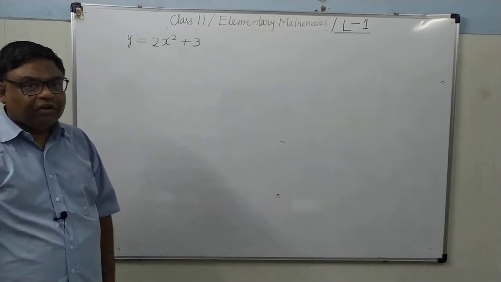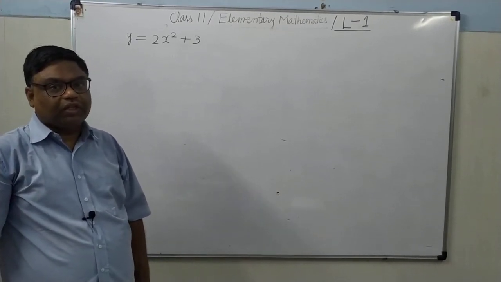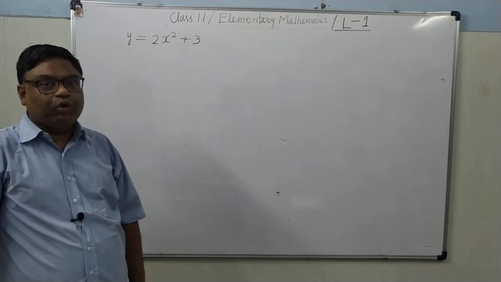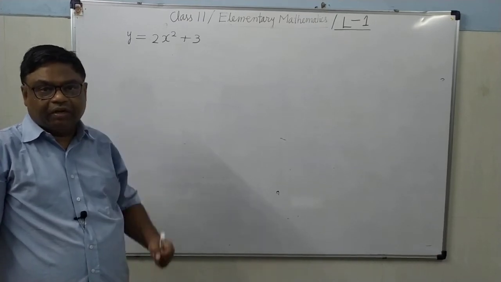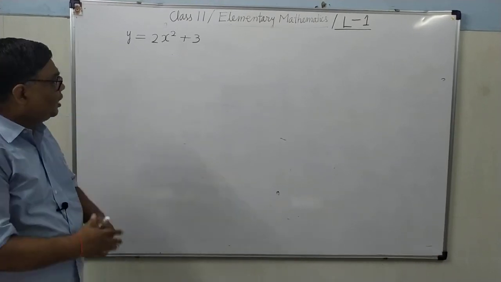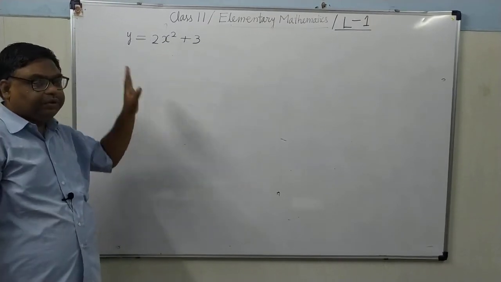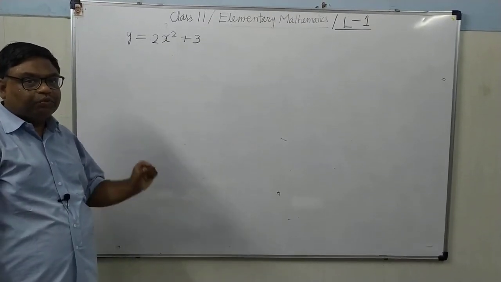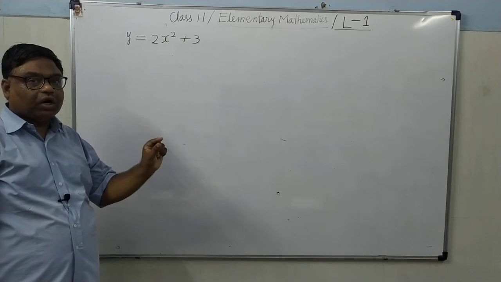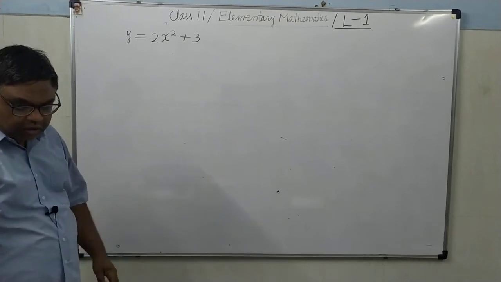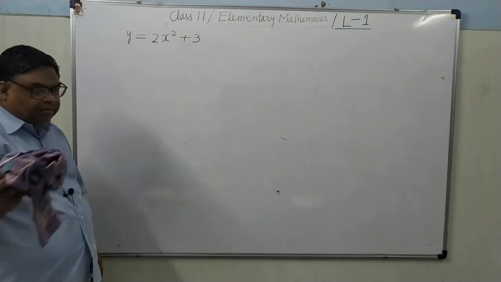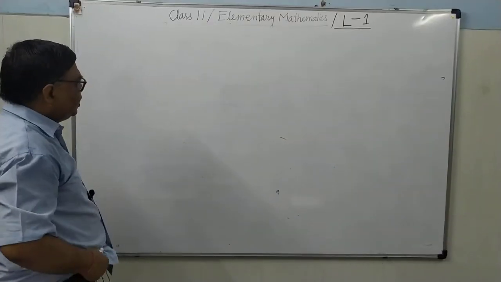Then that graph will represent a parabolic curve. That we will remember. It's clear? Just remember that if there is any relationship between y and x in which one variable is linear and the other is quadratic, then the shape of the curve will be parabolic. But I will not take a parabolic curve, I will take an arbitrary curve.